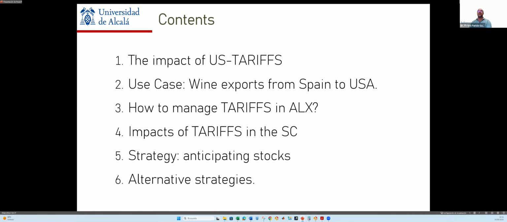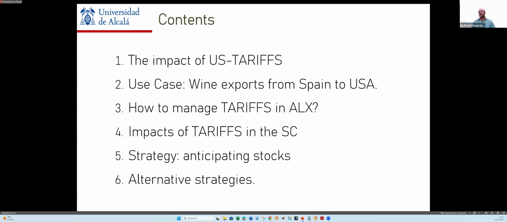So with this in mind, I will take directly a use case. As I'm located in Spain, I had a perfect scenario, that is wine. So we will talk a little bit about wine and how this new tariff scenario is affecting this market.